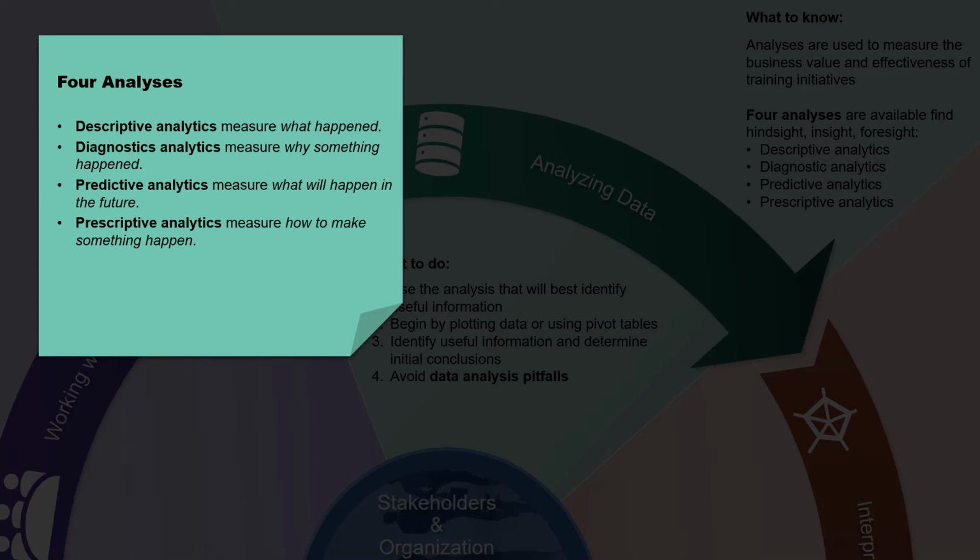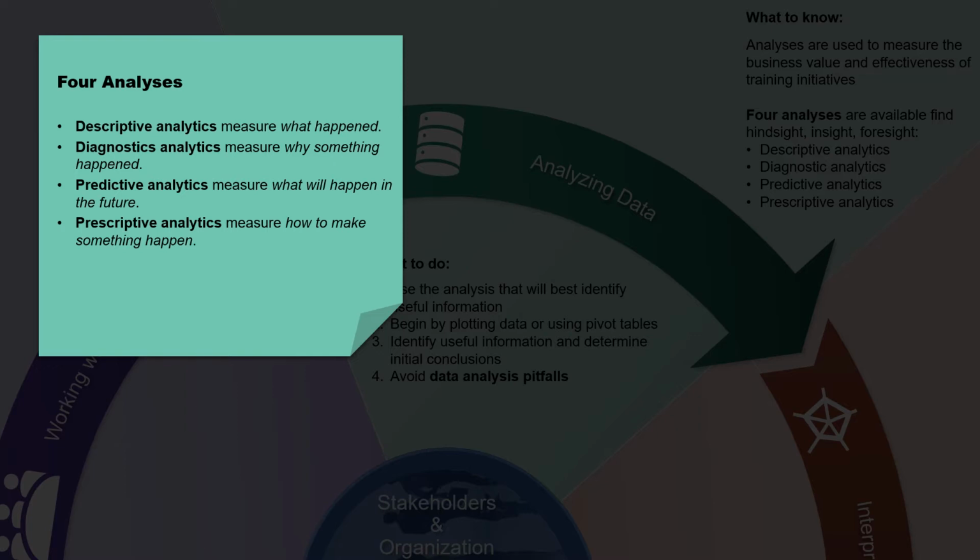The 4 types of analyses that were discussed are these 4, and they were addressed further in one of the TD at Work, the one Fuel Business Strategies with L&D Insights. And these were divided between descriptive analysis being the most common one that happens, and this being looking at hindsight, so what has happened.